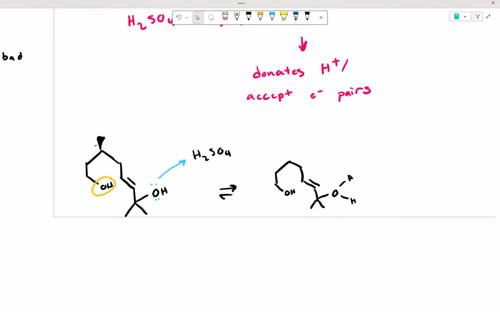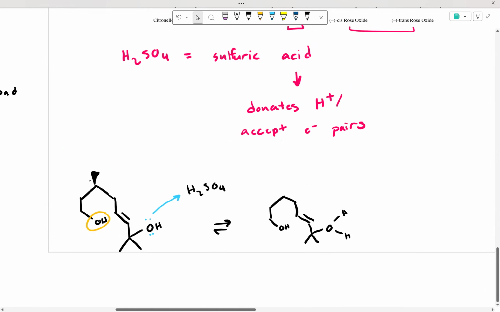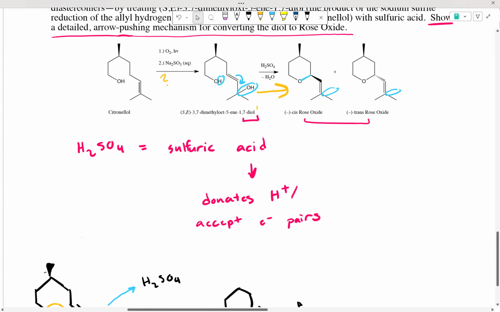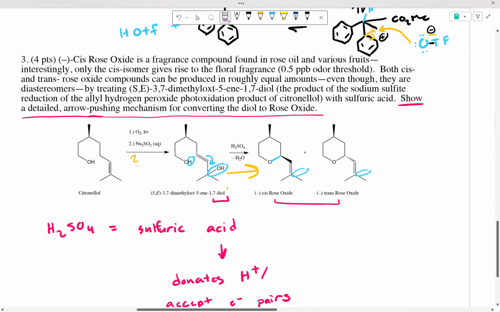What I'm gonna say is that you could recognize that the sulfuric acid could react with the alcohol inside the ring type structure. But we also recognize that our final product has an oxygen there.